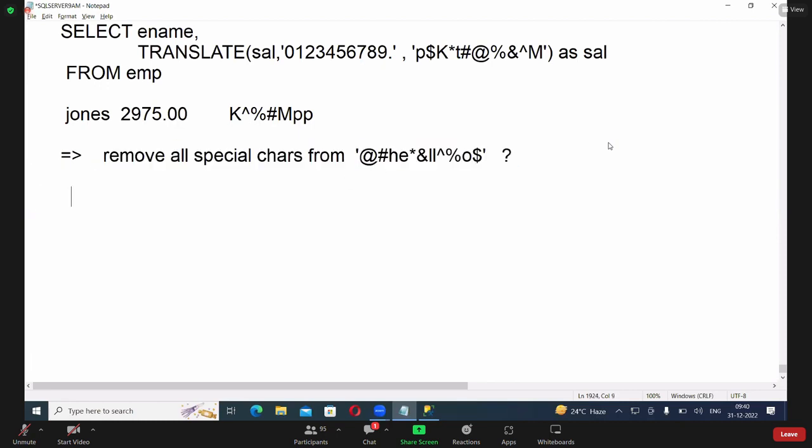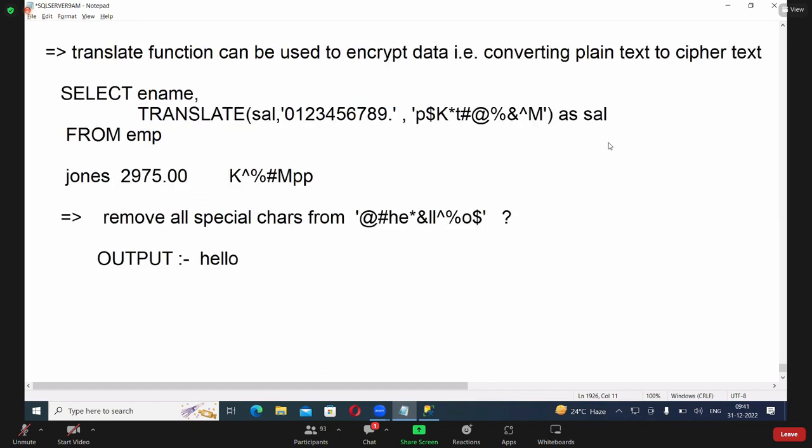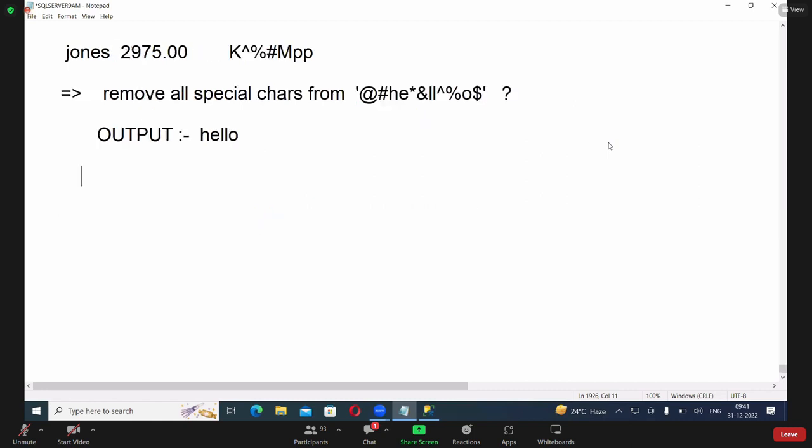So what output do you want? I want all of them removed. But it's not filled with one character. It's filled with different characters. I want to remove all the special characters from this. Then how? Then can we use replace?